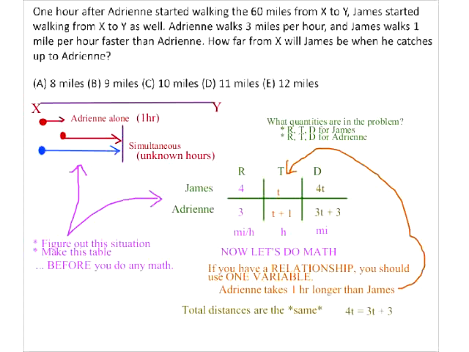If you solve that, you get t is 3 hours. You want James's distance, because that's what the problem asks for. From the table, it's 4t, so that's 4 times 3, which is 12. So this is one way to do the problem.